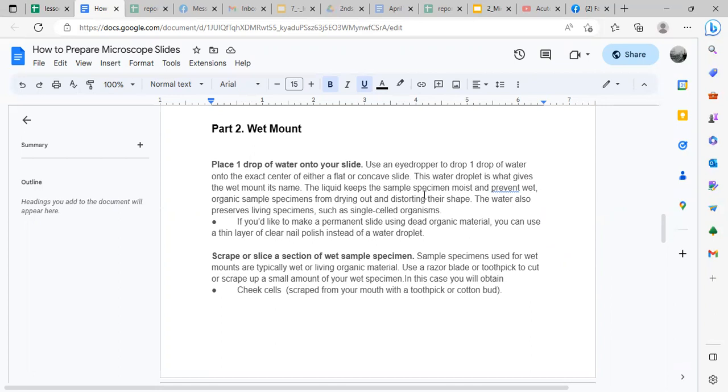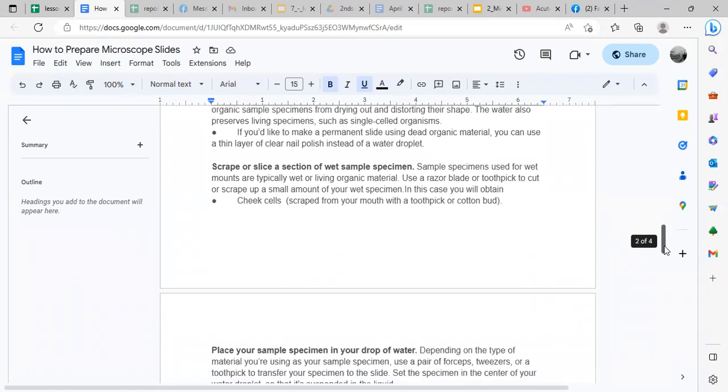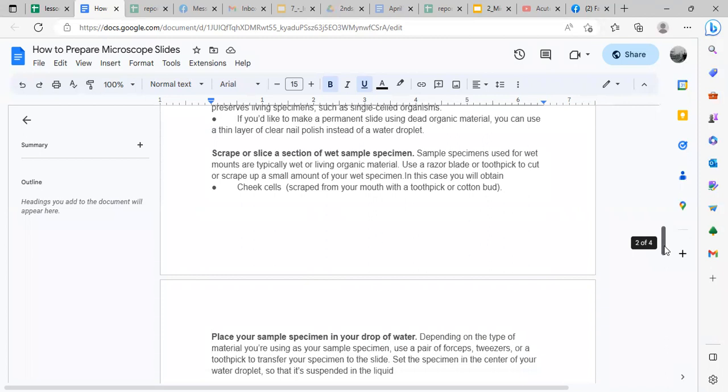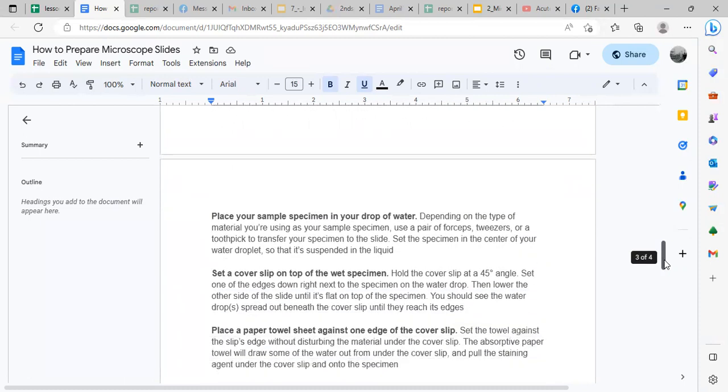Okay? For a plant leaf, for example, you can use nail polish instead of water if you want to make a permanent specimen. Use a razor blade or toothpick to cut out or scrape a small amount of your wet specimen, like the cheek cells we used, and place the specimen in your drop of water.